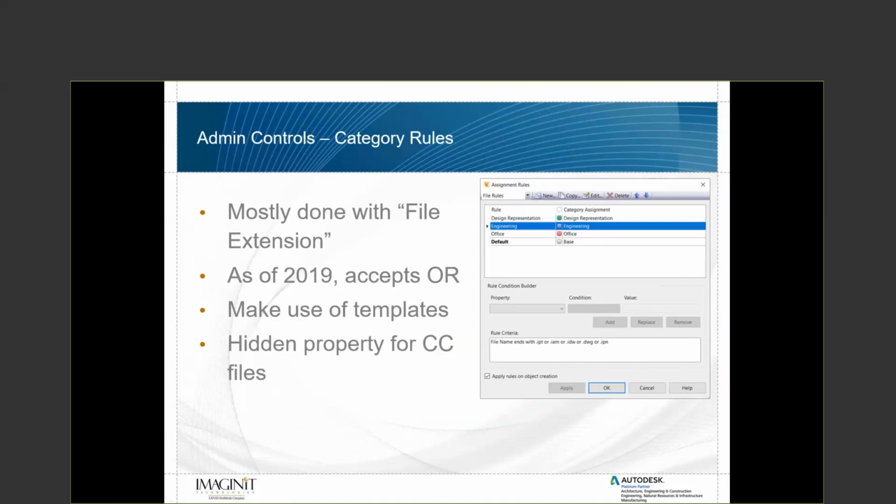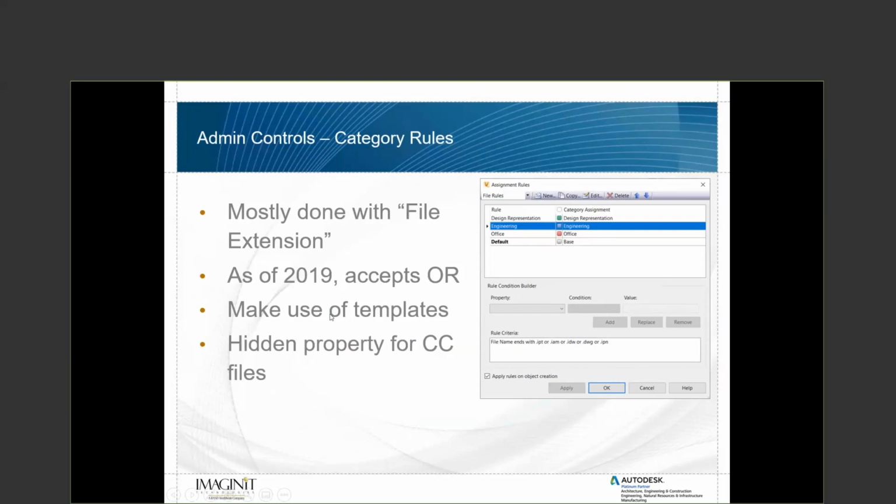That helps save the user from having to categorize the files manually after they check a file in. If you are working in 2019 or later, the rule criteria actually accepts the OR operator. In 2018 and prior, we would have to have a rule for each file type. It was kind of a pain, but now we can test with ORs inside of this criteria.